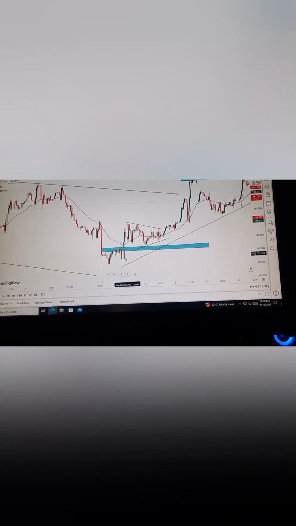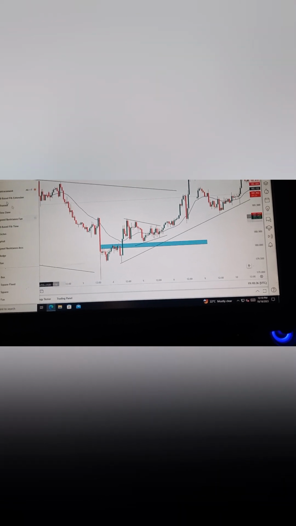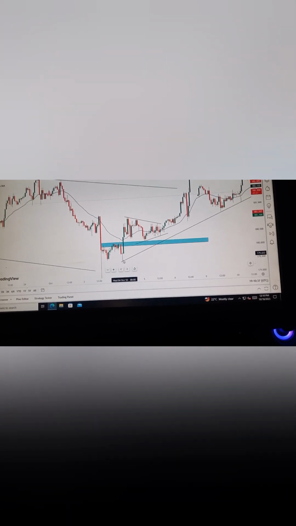Then you can see here, from this impulse, we threw a fib from the low up. We took the fib to the high. As you can see, the node level, that's a swing high, and because we pulled it from down up, that's our swing low, and this is our swing high.